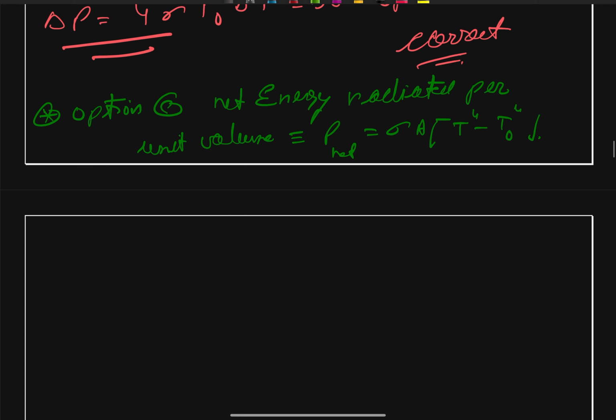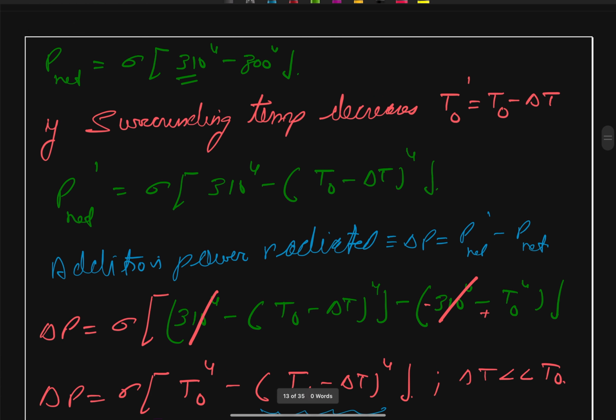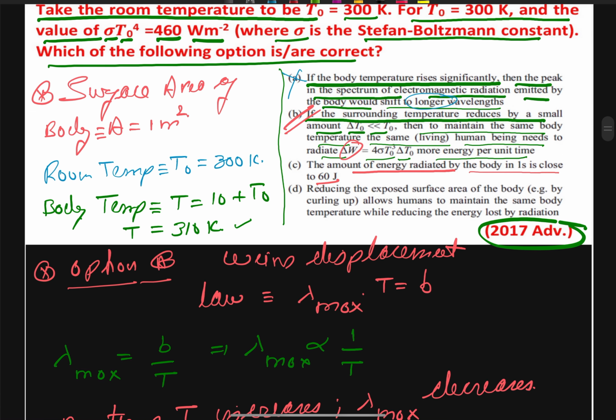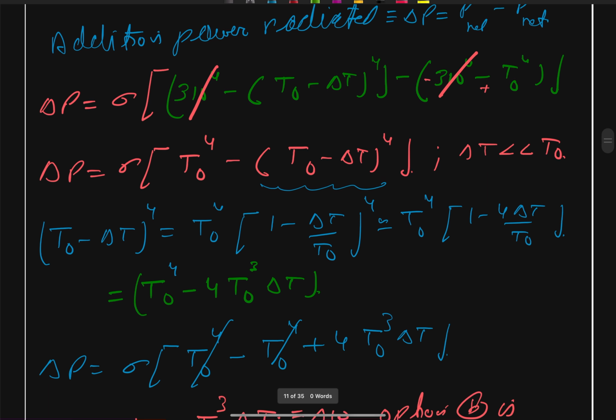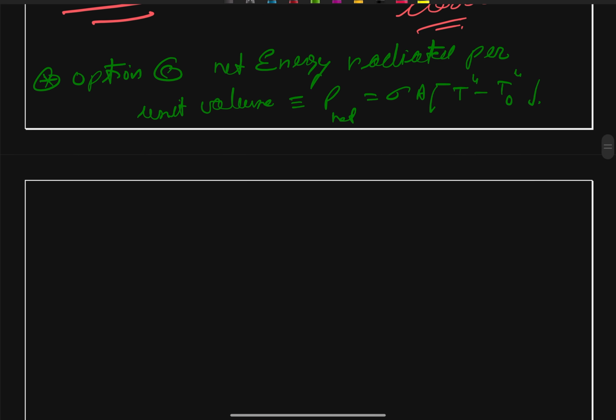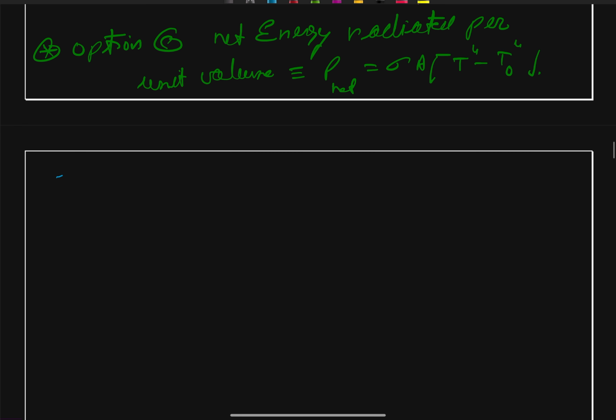And it is said that we have to calculate it in 1 second. So we can say energy radiated in 1 second will be nothing but P net.